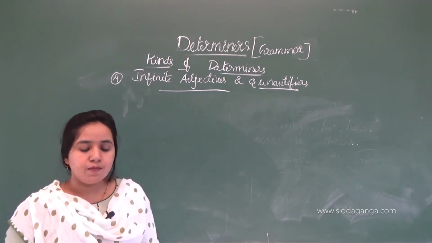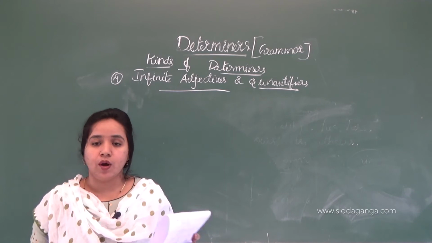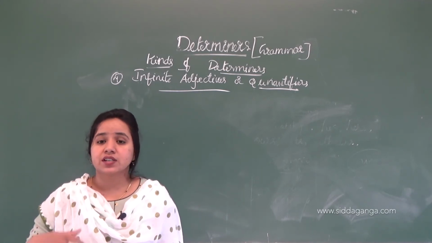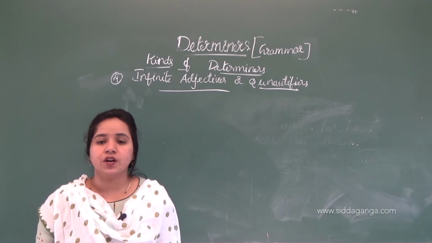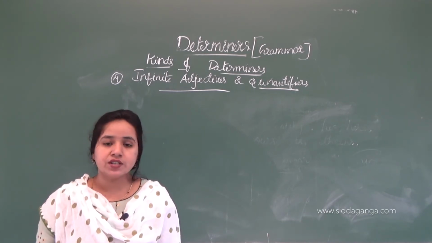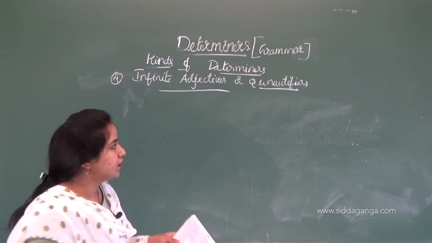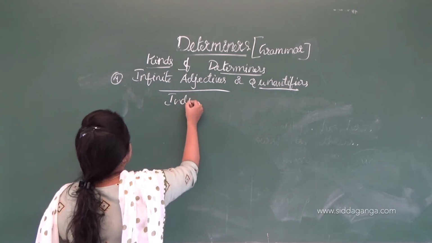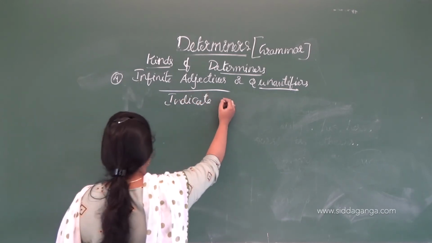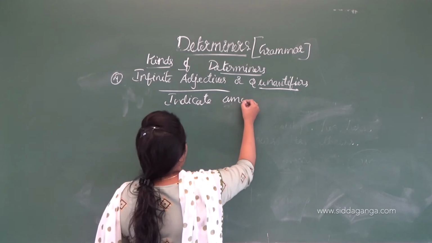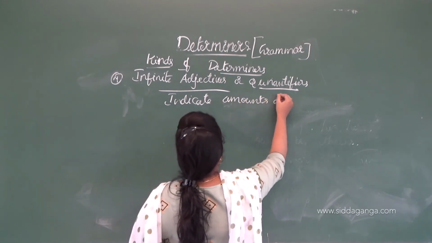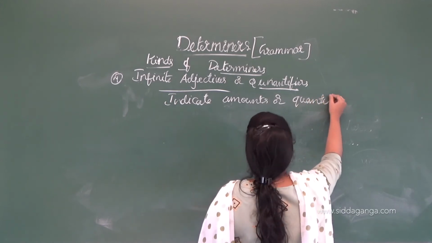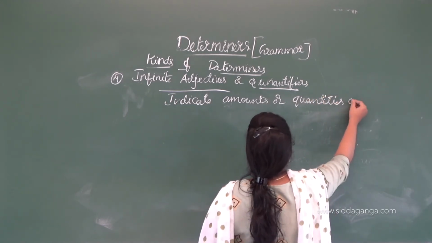It indicates the amounts or quantities of things. The words called quantifiers show us the quantity of things and give the amount of things. So these quantifier words indicate the amount or quantity of things.